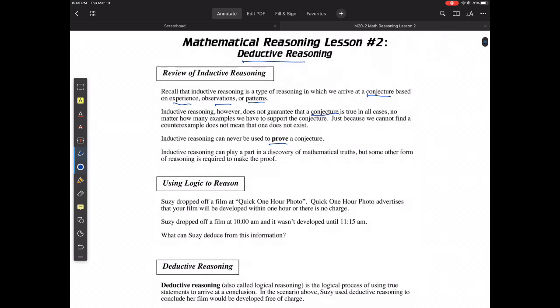So, if I'm using logic to reason, in this case it says Susie dropped off a film at Quick 1 Hour Photo. Quick 1 Hour Photo advertises that your film will be developed within 1 hour or there is no charge. Susie dropped off the film at 10 o'clock a.m. It wasn't developed until 11:50 a.m. What can Susie deduce from this?